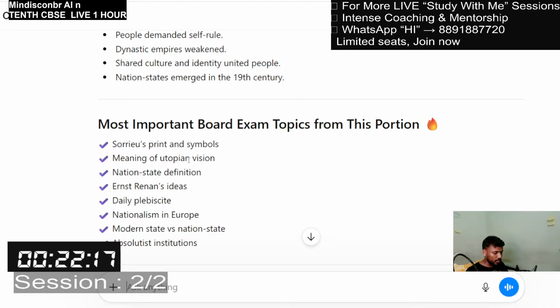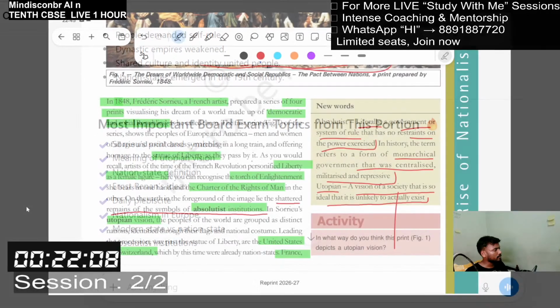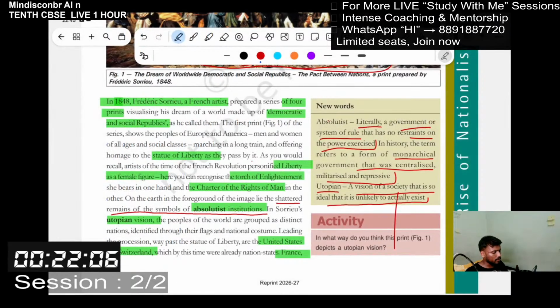A vision of society that is so ideal that it is unlikely to actually exist. That is utopian vision.